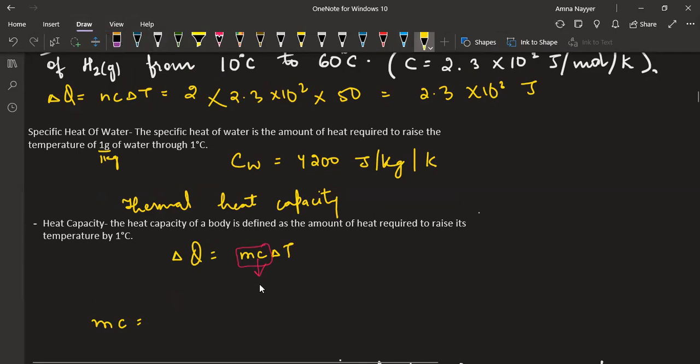MC is equal to S, which is the heat capacity. So when you are not figuring it out separately, the product of mass into the value of specific heat capacity is known as thermal heat capacity. All right.